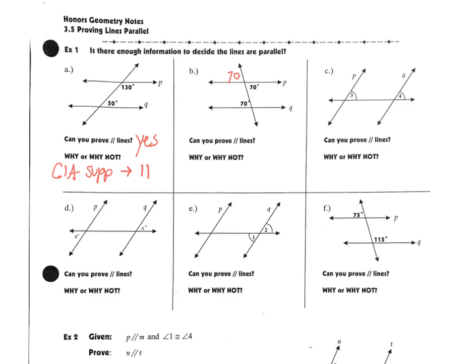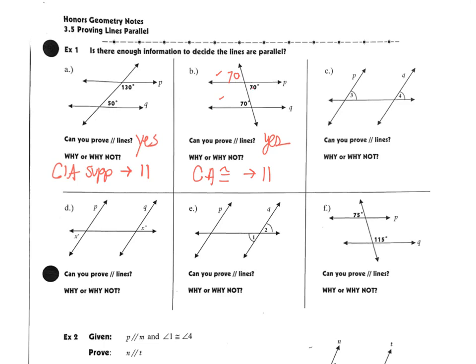And then we would see that this angle here and this angle here are corresponding angles, and since those corresponding angles are congruent, then that implies that the lines are parallel. So yes, we have enough information there to prove that the lines are parallel.